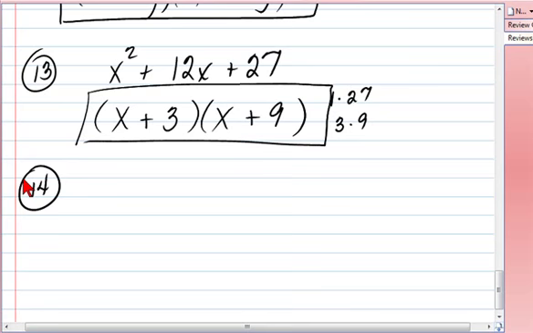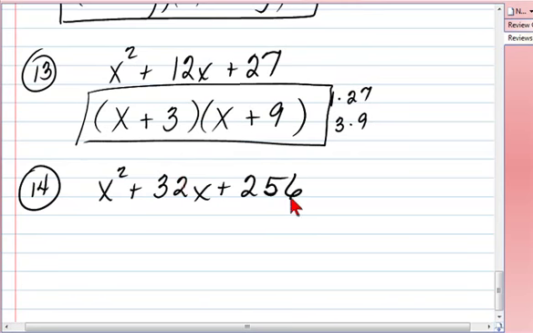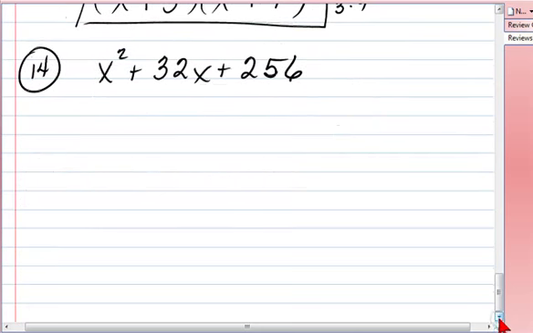Number 14. I have x squared plus 32x plus 256. Now, this one could be considered kind of tough because of the size of the number, 256. It's kind of big, so we'll just whittle down on it. There's no common factor.